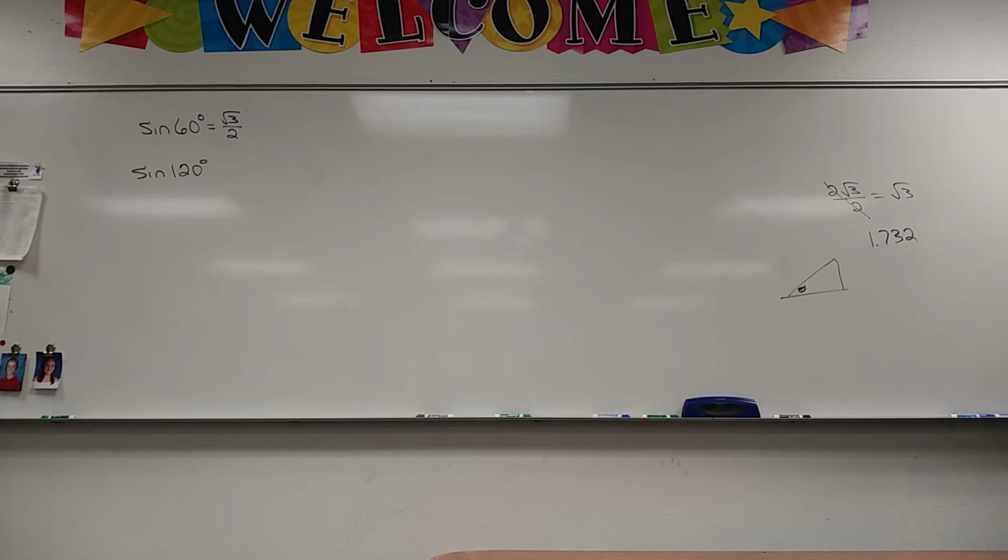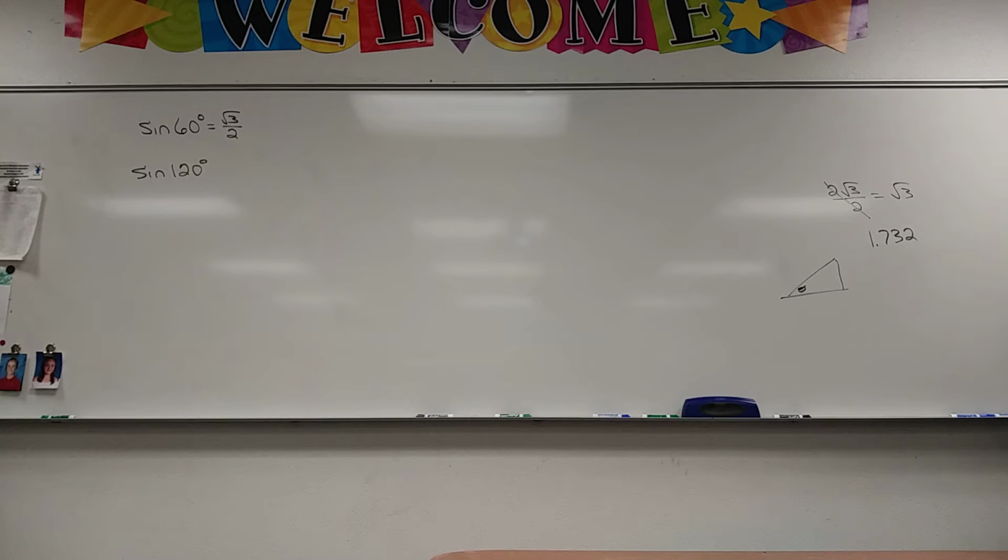So if the sine is 1.732, then what would that mean is true? That the length of the opposite side is longer than the hypotenuse, right?